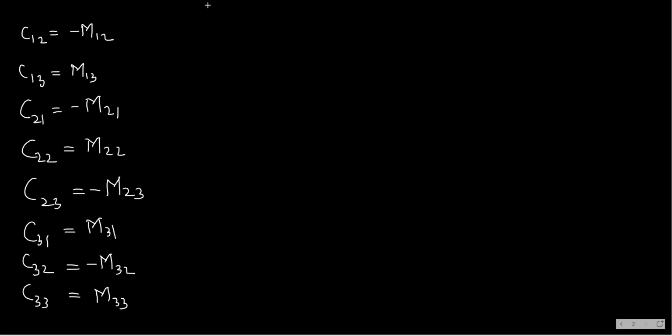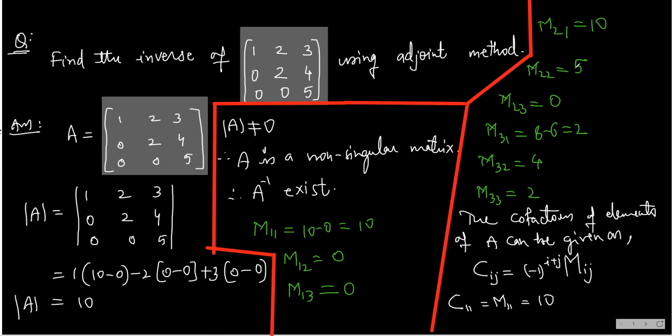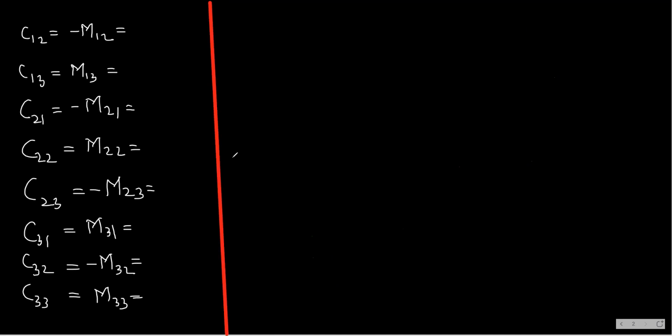So I have to now write these values. These values we have already calculated. We just have to put a negative sign, or sometimes keep it the same as the minor. So C12: M12 and M13 are 0, so these two are going to be 0. Even if it is negative, negative of 0 is 0.